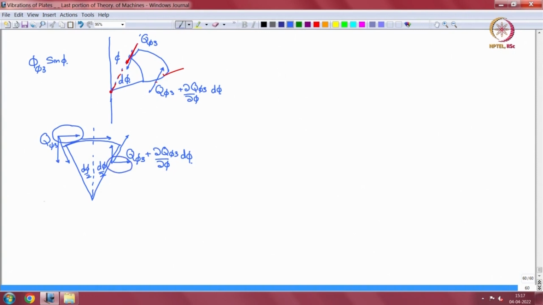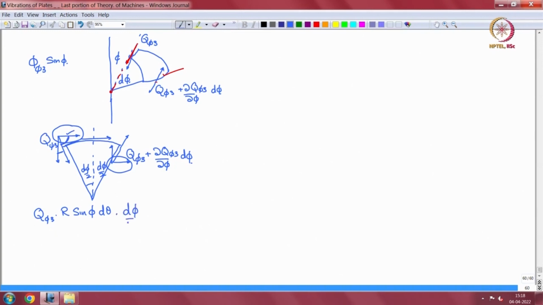If I make this a force, first of all, q phi 3 into r sin phi d theta, that is a force. Then I want its component. If this is d phi by 2, that is d phi by 2. I want this component, so it's sine d phi by 2, which is d phi by 2 again, because it's a small angle.